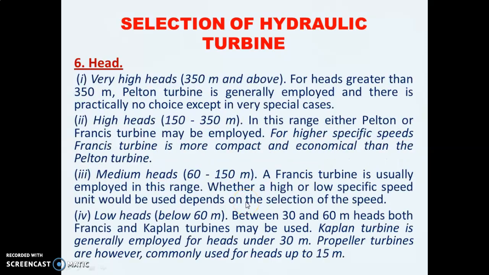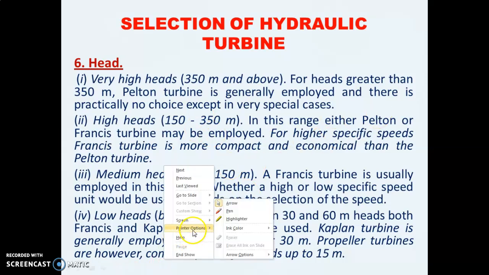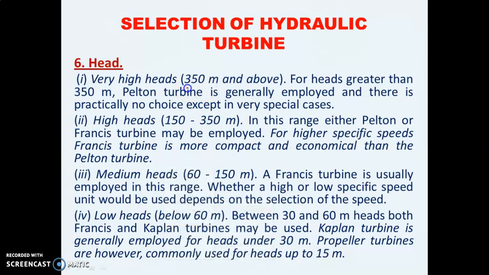And the last point over which we will select different type of turbine for different condition is the head. Now if the head available is very high, that is greater than 350 meters, Pelton turbine will be used.